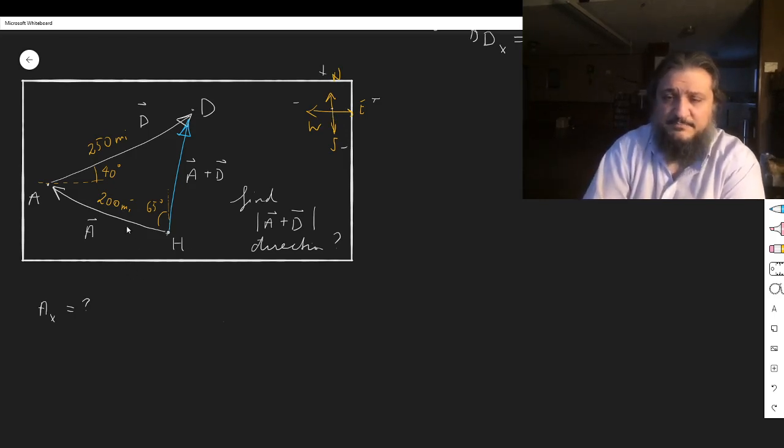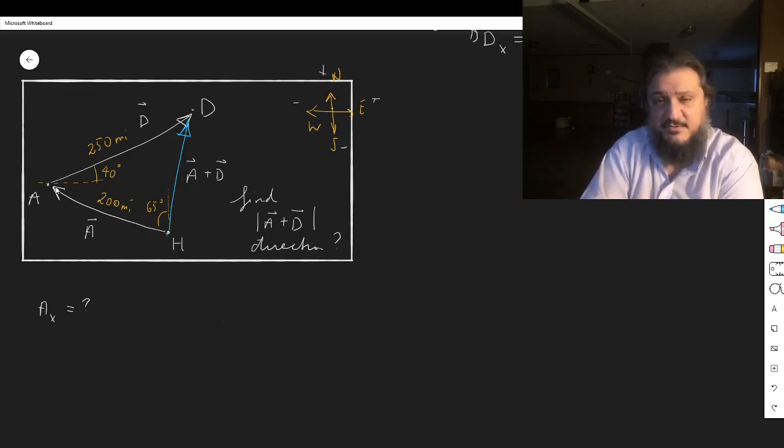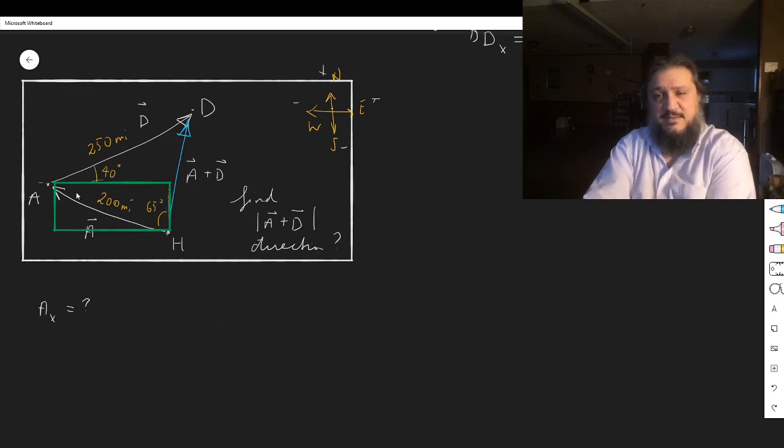Okay, so think about the triangle here. Always locate your right triangle to determine which angle you're using. So draw a box around the vector A. It always works. Draw a rectangle around your vector, just like that, and identify your sides as your AX and AY.